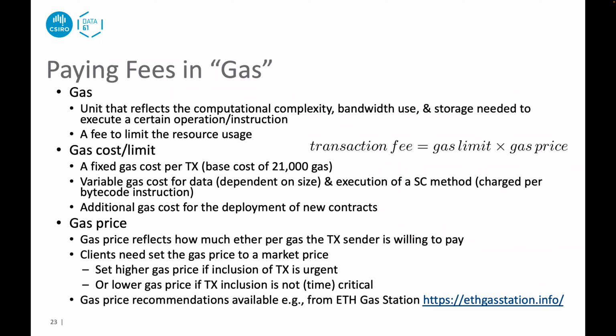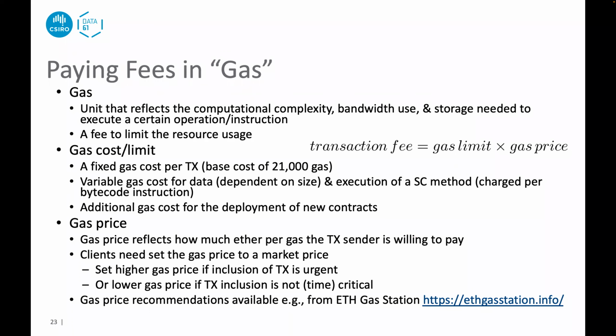Now, this idea of gas could be a little bit confusing. Think of it this way. Let's say there's a car, and that car runs at a certain efficiency. Let's say it needs 8 liters to run 100 kilometers, or the other way around: if you give 1 liter of petrol, you can drive 12.5 kilometers on average, something like that.